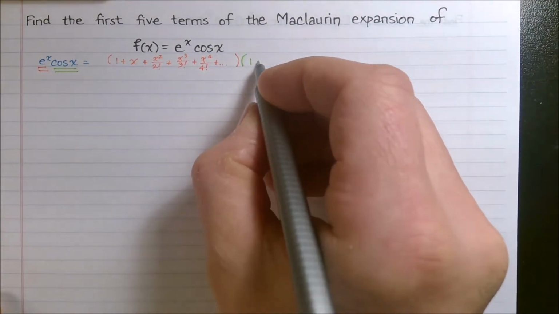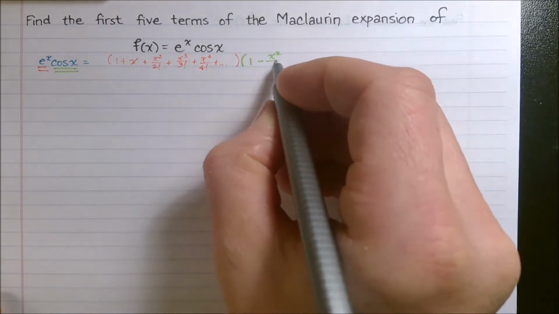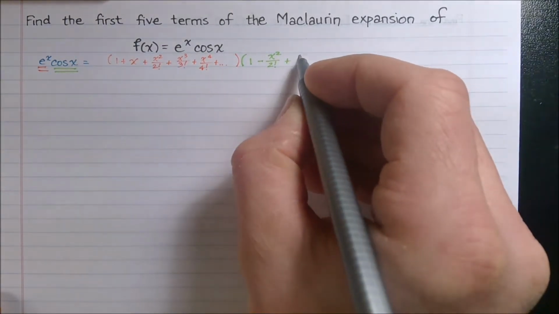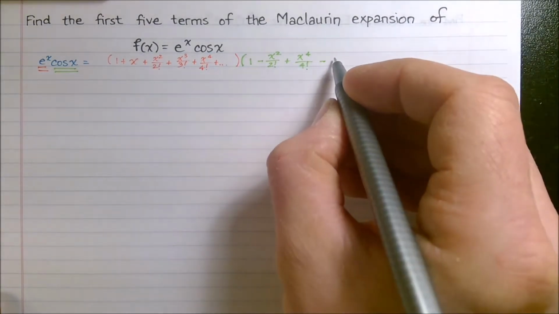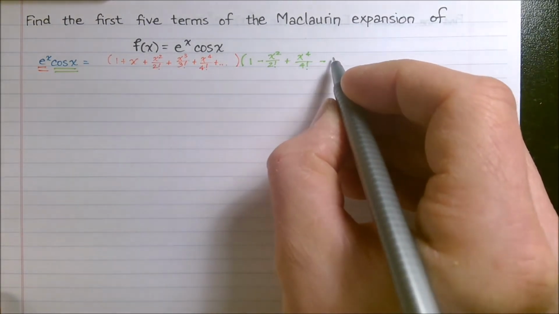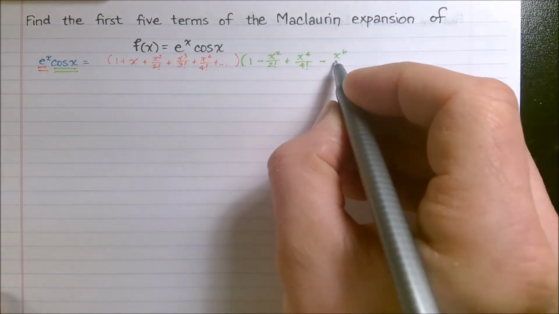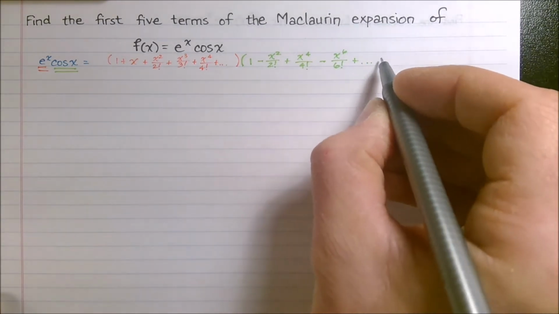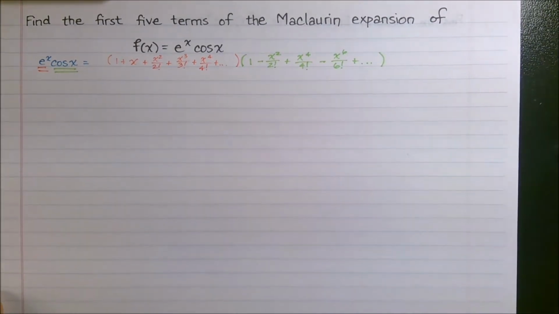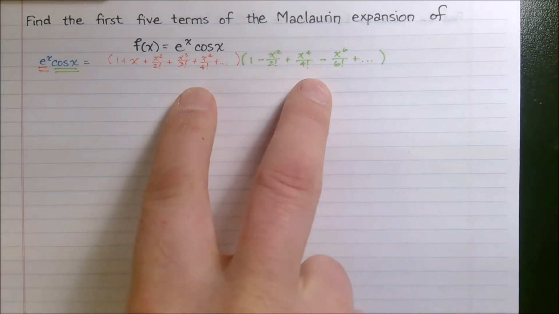That's 1 minus x squared over 2 factorial plus x to the 4th over 4 factorial minus x to the 6th over 6 factorial plus dot, dot, dot, and it goes on and on forever. So this is the expansion.